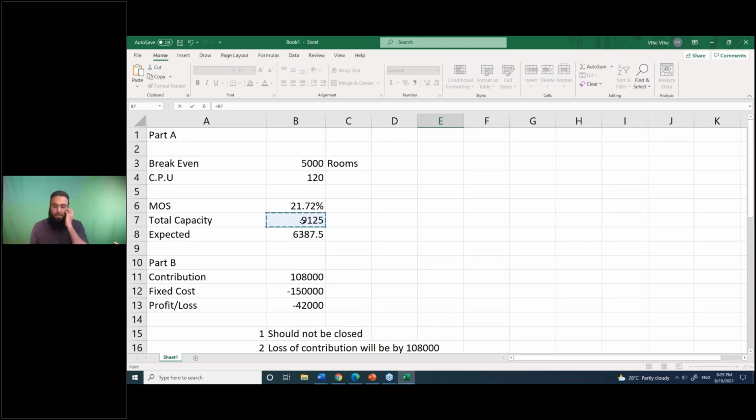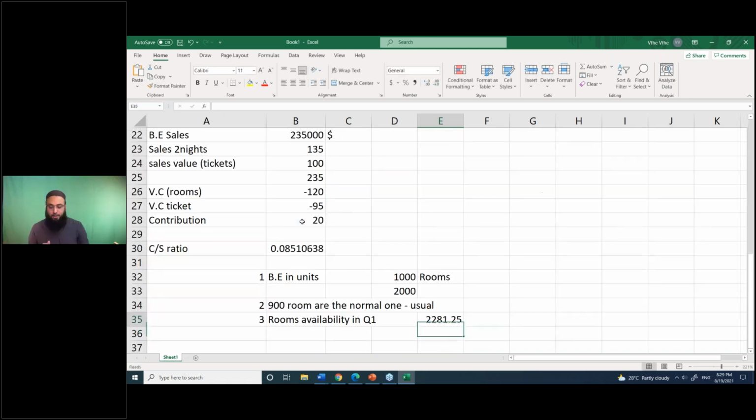Okay, 9125 is my total capacity, even though we are operating at 70%. But let's ignore that and just assume that if we operate at 100%, then per quarter, how many rooms do we have per quarter? So I will divide this with 4, and this gives me the answer of 2281, which means the total rooms available are 2281.